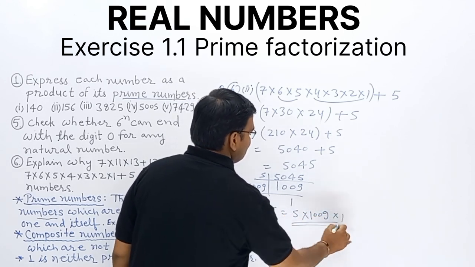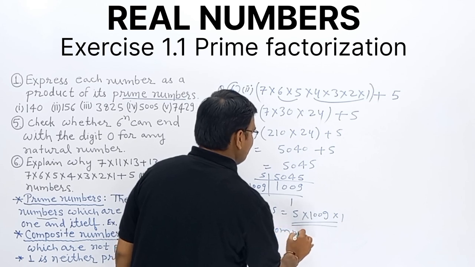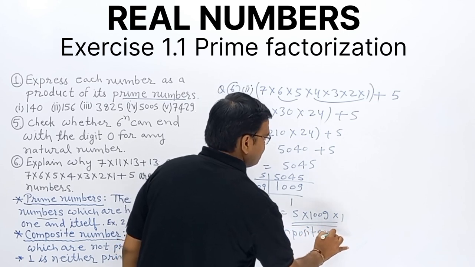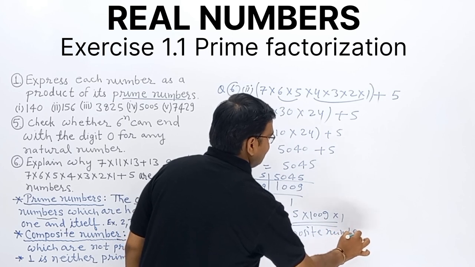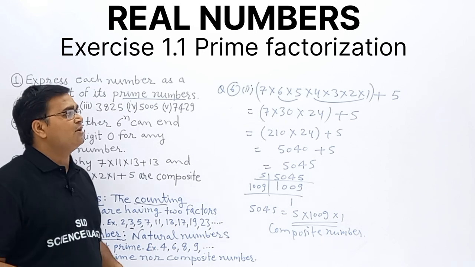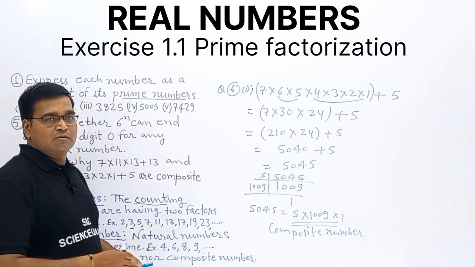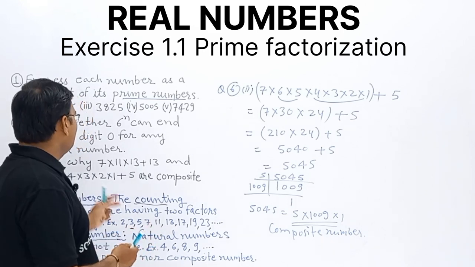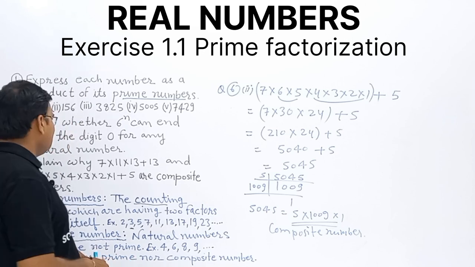So this is a composite number. If numbers have more than 2 factors, then we say composite number. In this way we solved these 2 questions of question number 6.